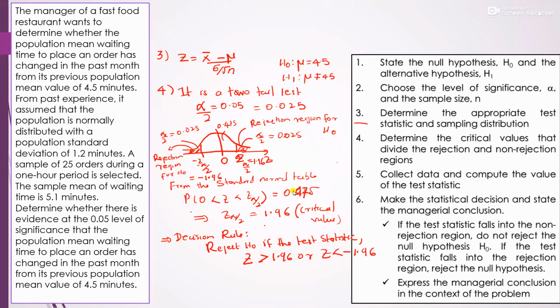This comes under step 4. Now we are ready to collect the data and compute the value of the test statistic.